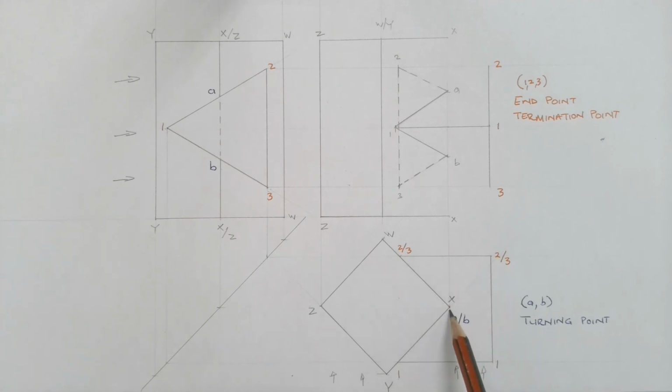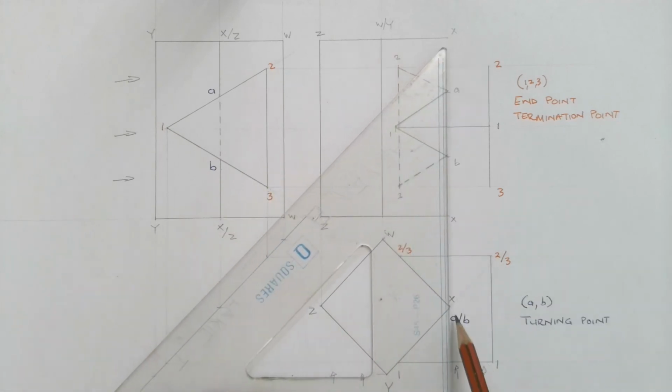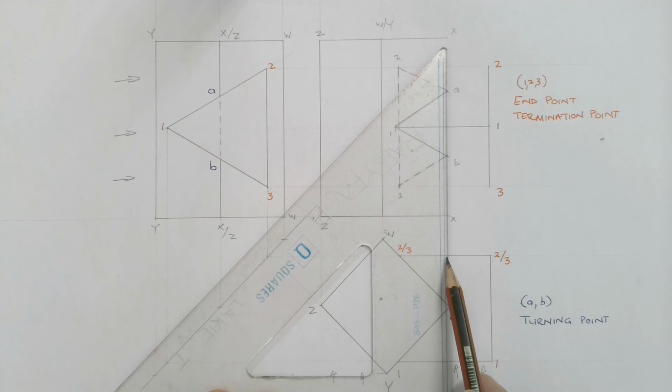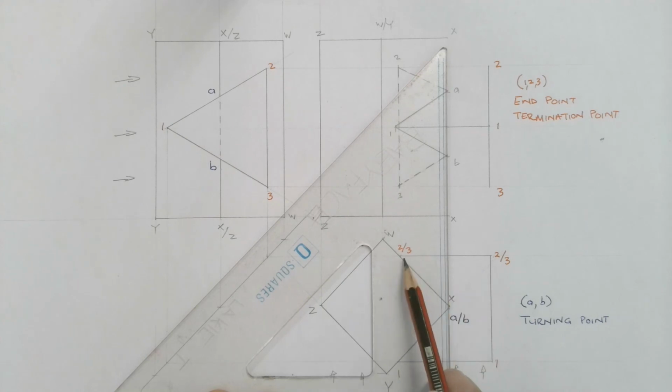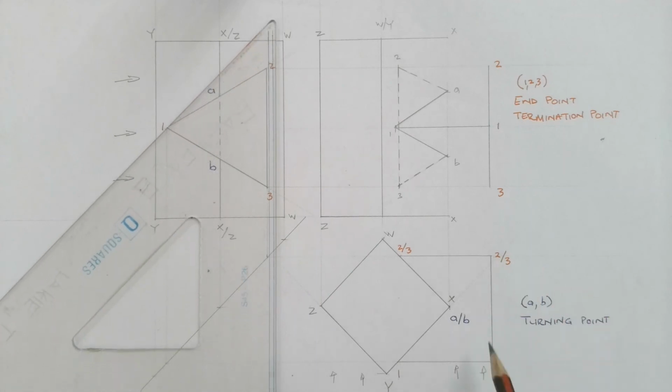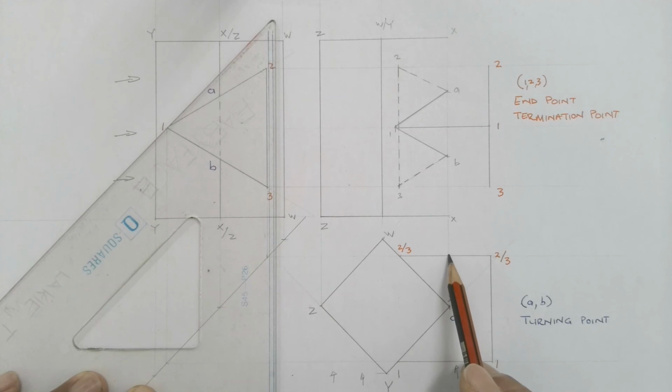Because if you look at X, if you place a set square on X and you're looking up, it means where X is, we can see everything on the right hand side, but we cannot see anything on the left hand side of X. If I move the t-square away, then I'm saying anything on the right hand side of X we see, but anything on the left hand side of X we cannot see. So this is what I'm talking about.